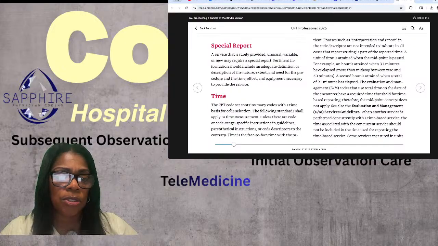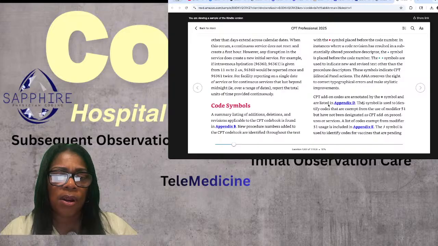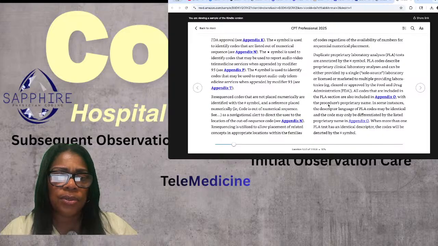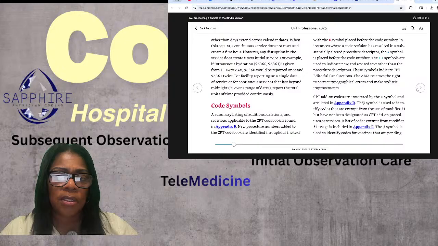So let me just show you something. You see where it says this is face-to-face time with the patient. So you're going here to here. Code symbols.